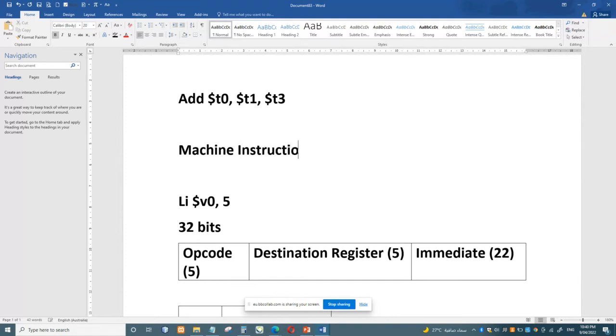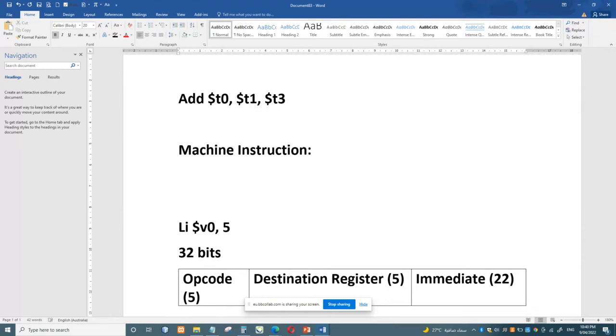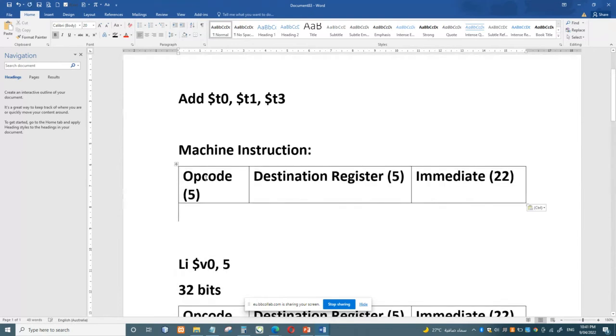if we remember that a machine instruction can be 16 bits or 32 bits. If it is 16 bits, we can use say 4 bits for the opcode. For the first destination register, we can also take 4 bits.